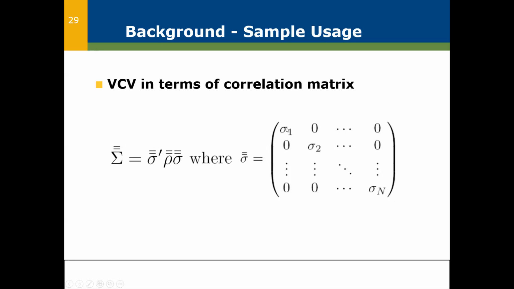This is a nice property: the volatility matrix is easily invertible, and the correlation matrix has all ones along the diagonal. If you want to get into the details of coming up with the inverse of the VCV matrix, you can just focus on the inverse of the correlation matrix.